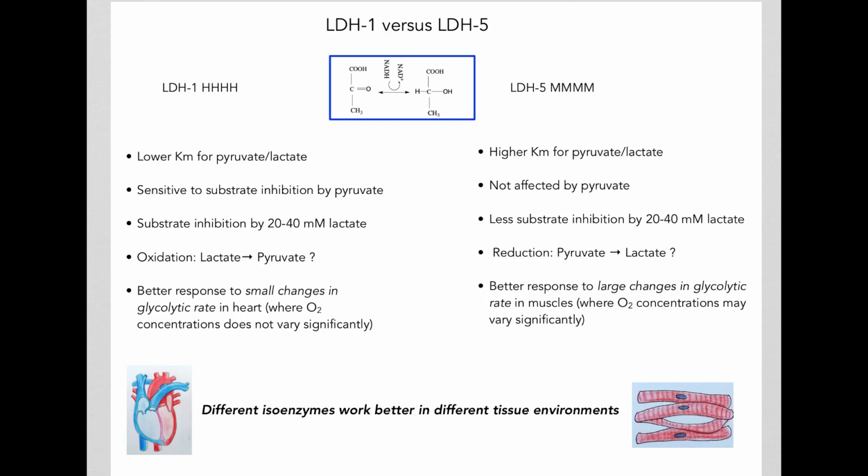So in summary, different isoenzymes seem to work better in different tissue environments. That's why LDH1 is predominant in the heart, while LDH5 is predominant in skeletal muscles.